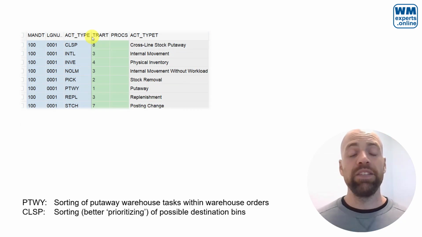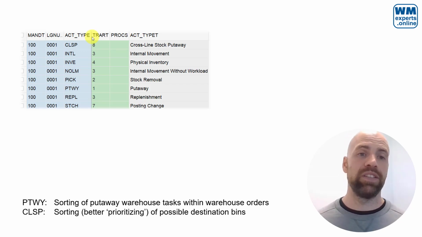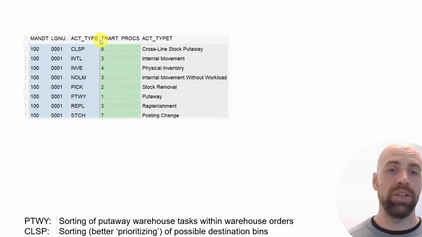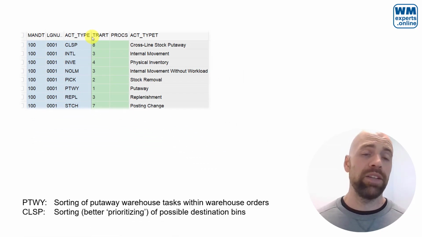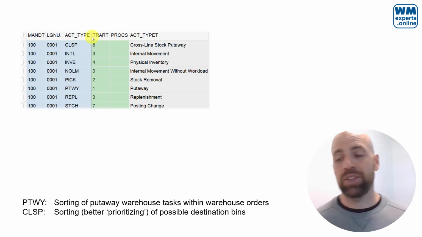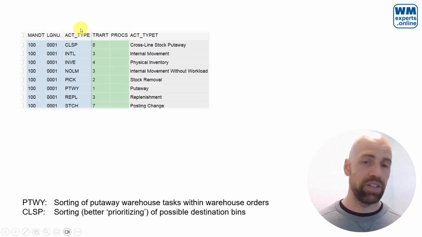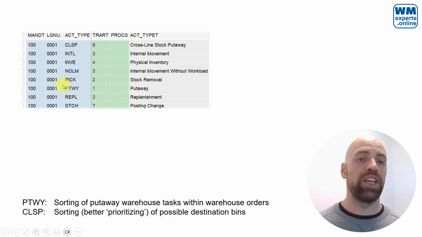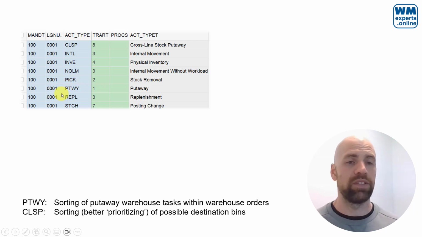So which activities do we actually have here? In total, it's 8 different activities that come along with the standard package of EWM. And you might now think, and this is the first misconception, and I have seen that over and over again, that people think that the activity type putaway, PTWY, is used to sort the storage bin during putaway, which is not the case.